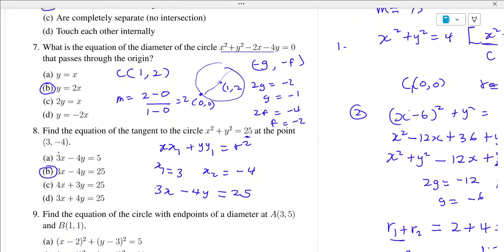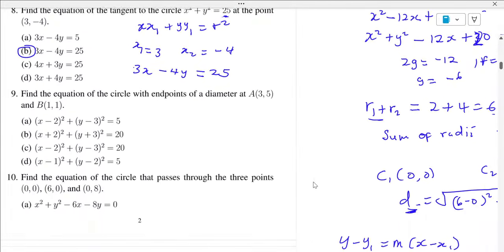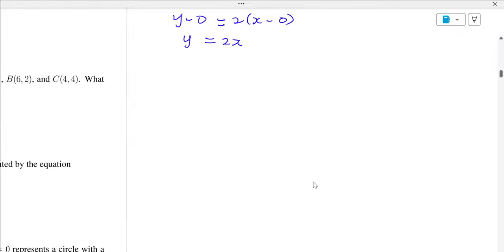Alright, now question 9. It says find the equation of the circle with endpoints of a diameter. For question 9, we have two ways we can go about it. We should find the equation of the circle with the endpoints.